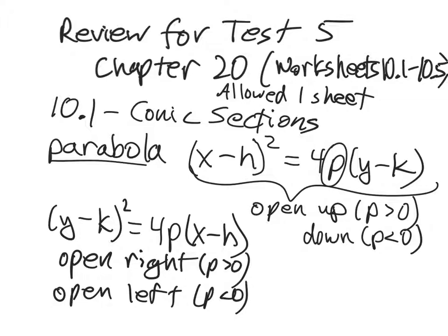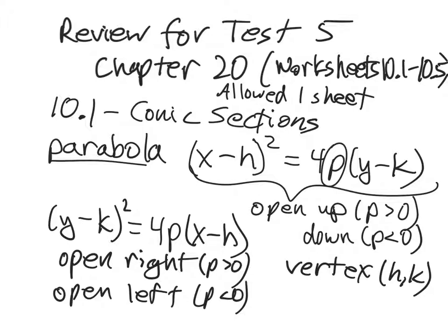And the key part to the parabola is the vertex, which is your (h, k), and then also the focus. The parabola has just one focus. The hyperbola and the ellipse have two foci. I've heard it pronounced both ways.